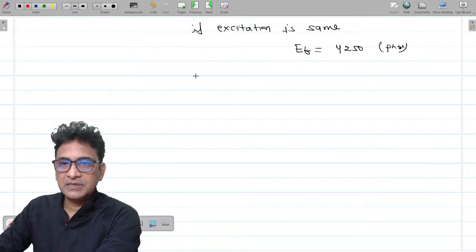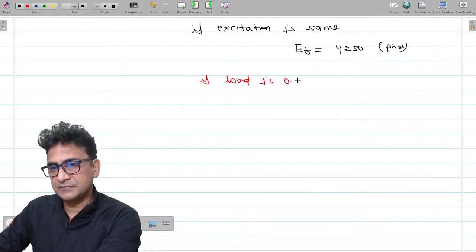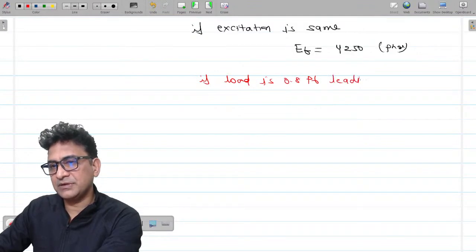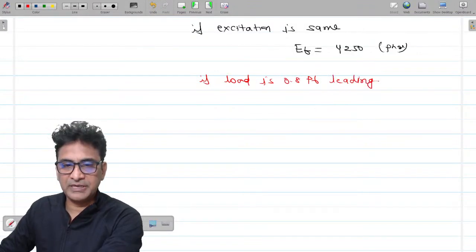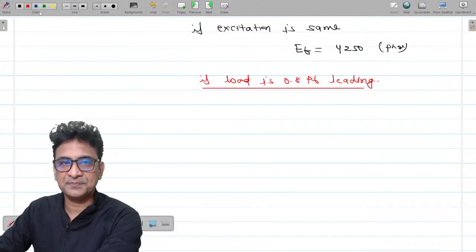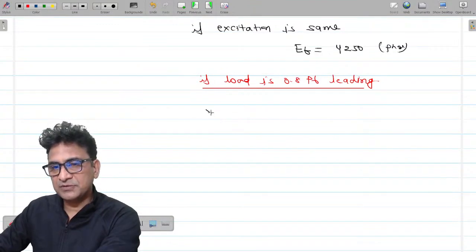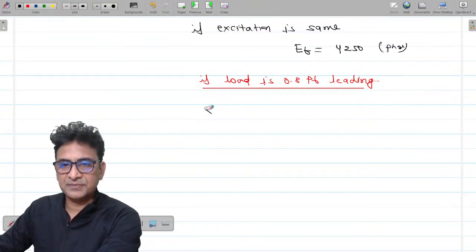Now, if the load is 0.8 power factor leading, in place of lagging load, if I apply 0.8 power factor leading load, then what will be the terminal voltage? That we have to find out. So again, I am using the formula for the leading load.